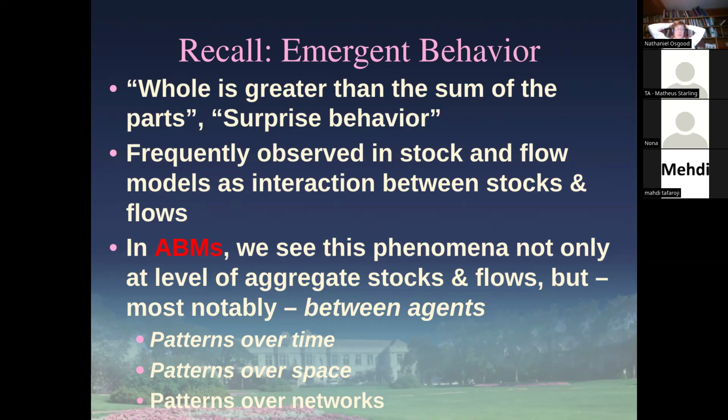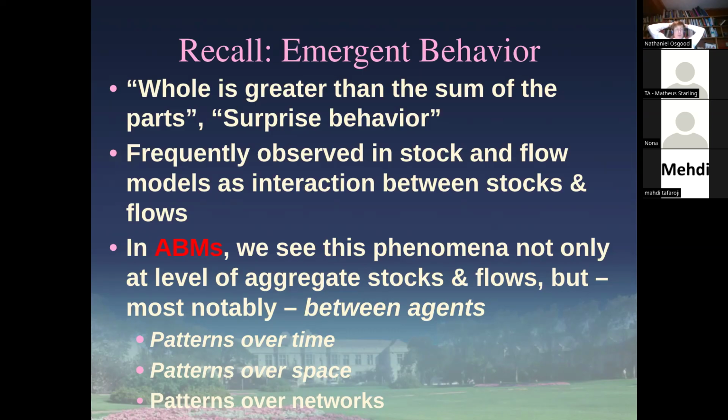There's surprise behavior, and this is certainly true about ABMs. What's notable about ABMs, say, compared to stock and flow modeling, is that we have certain types of emergence that are less well captured, more coarsely captured, if at all, and commonly not at all captured within stock and flow modeling.